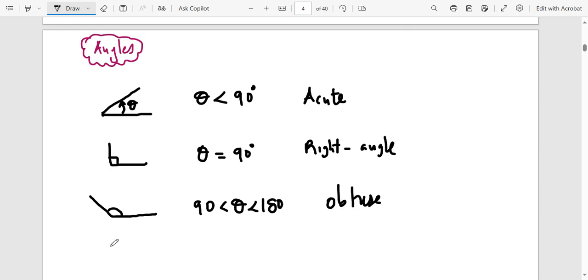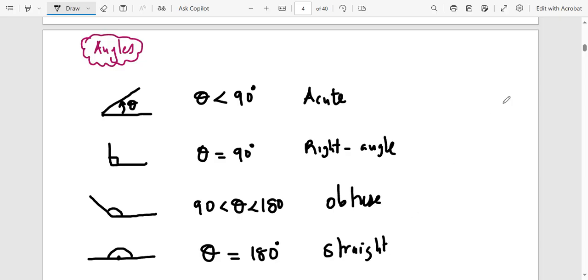Then we have exactly 180. What do we call this angle which is exactly 180? This is a straight angle. Good.